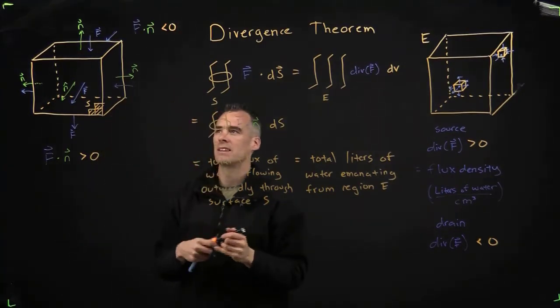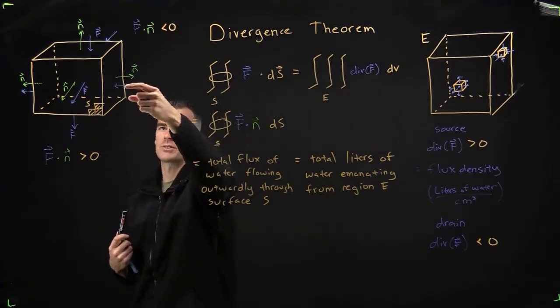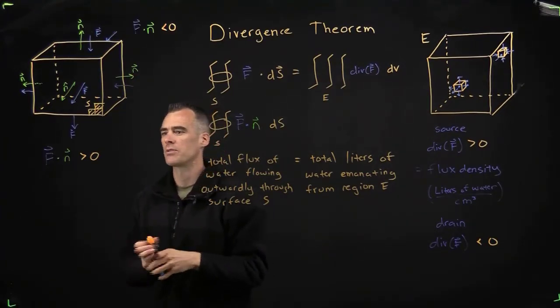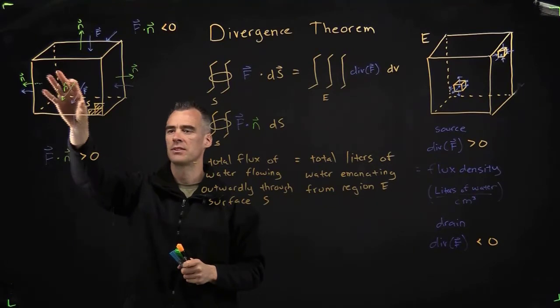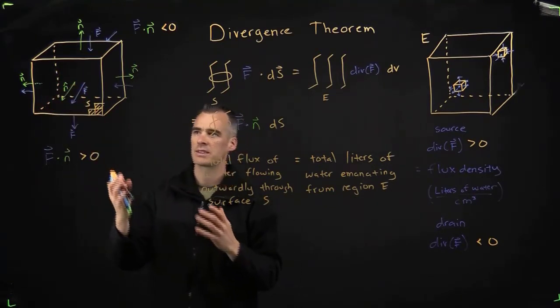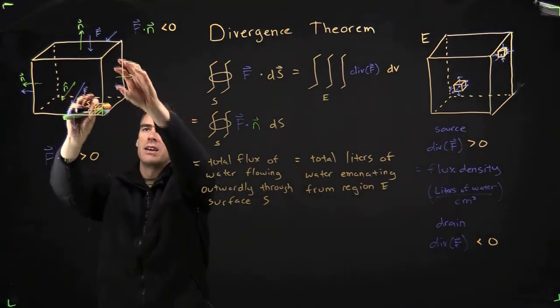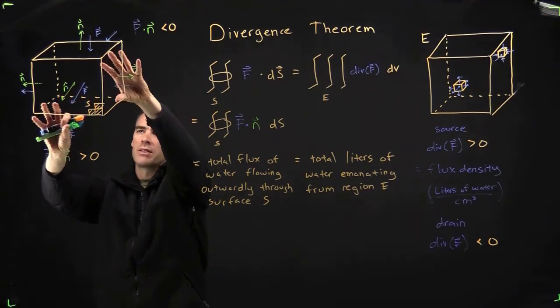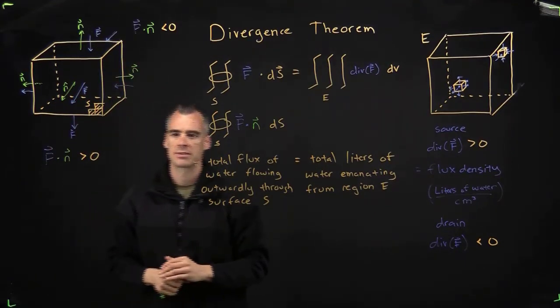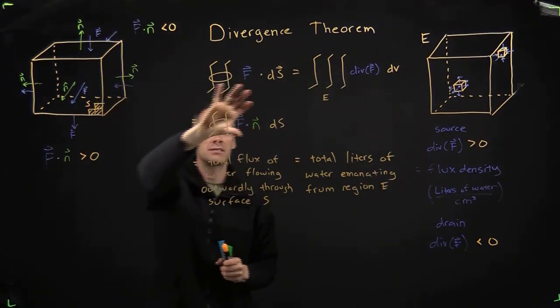Well, now that's going to be less than 0 because these vectors are going in the opposite direction of my normal vector, so that's going to be negative. Whereas over here, maybe it's still positive because we had that source on this side. But you can imagine the similar thing is going to happen over here. If we've got a drain and a source of equal magnitude, they're going to cancel out when we add up that flow going through all these different surfaces. And on this side, we're also going to get 0 here.